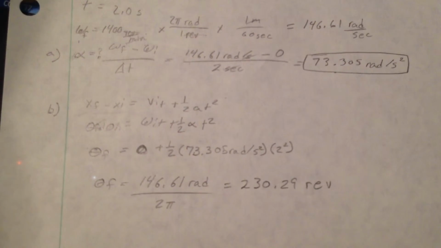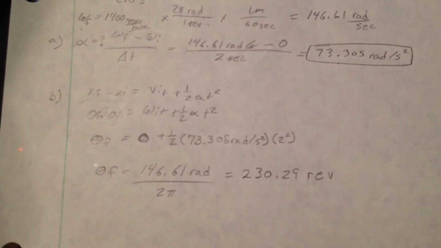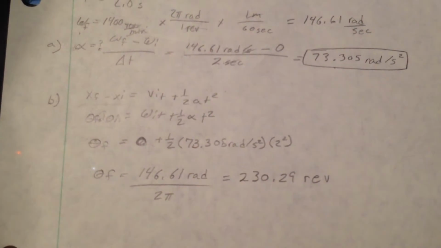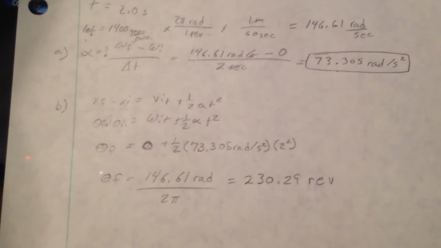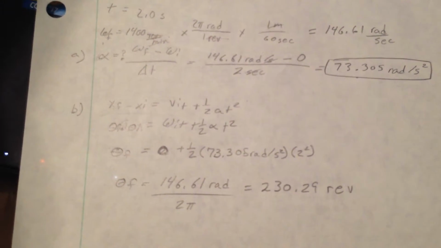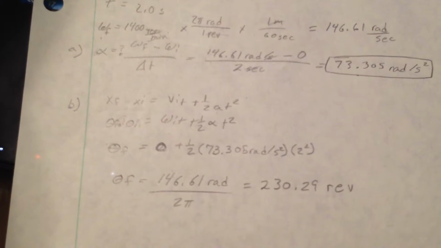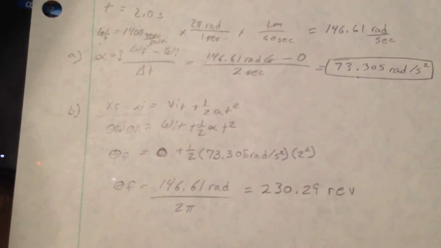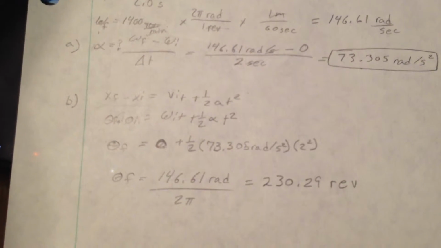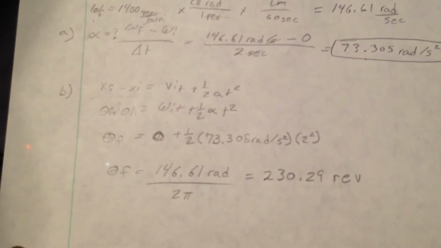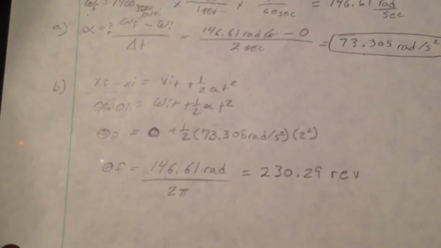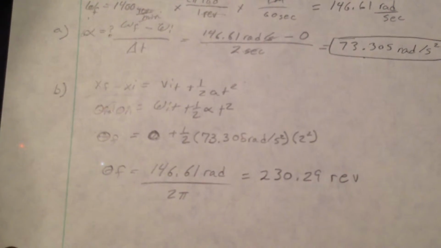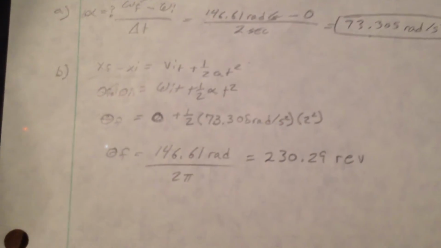Next, it wants you to find how many revolutions it does in that time interval, which is x final minus x initial, my bad, which is velocity initial times time plus half the acceleration times time squared.